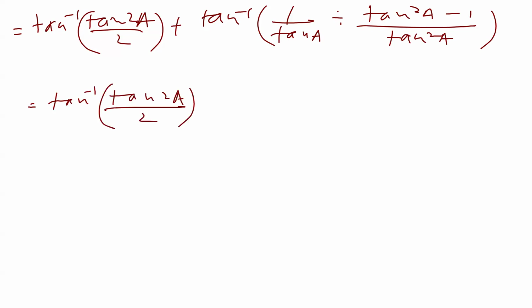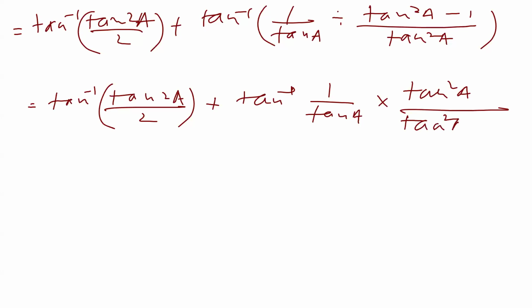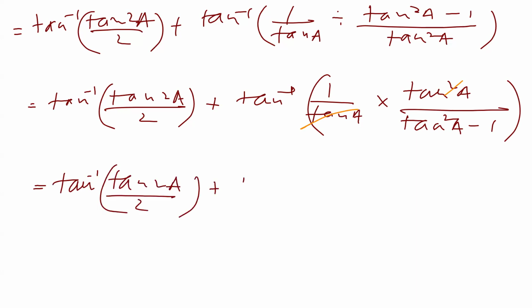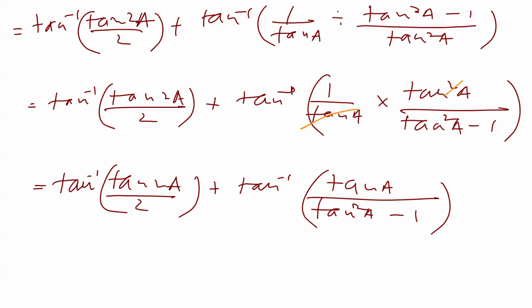Tan inverse of tan 2a by 2 plus tan inverse of 1 upon tan a into tan square a upon tan square a minus 1. So there are some cancellations in the round bracket. I'll show you. This tan a and this tan a is gone. So we are left with tan inverse of tan 2a by 2 plus tan inverse of tan a upon tan square a minus 1.